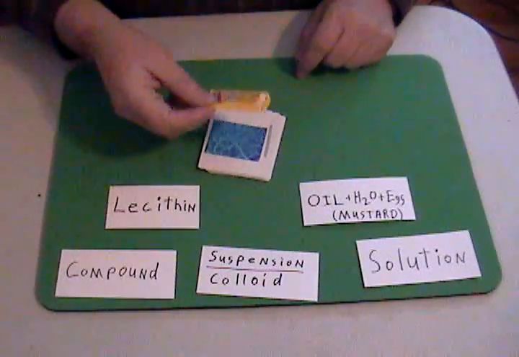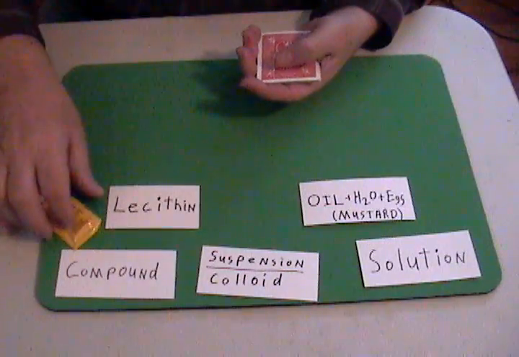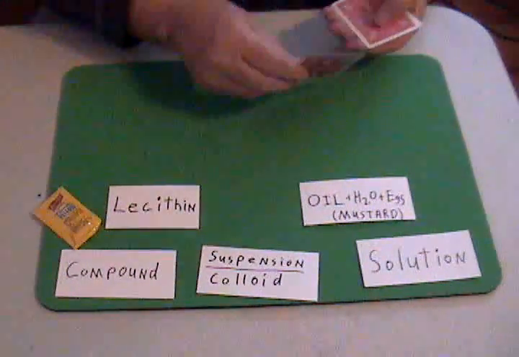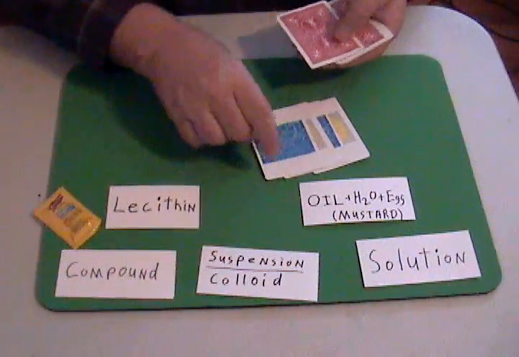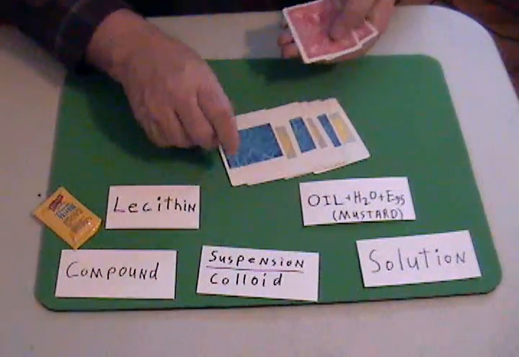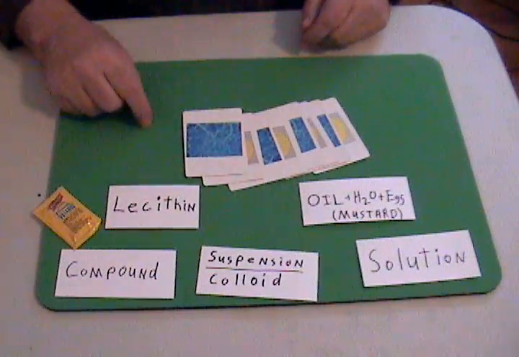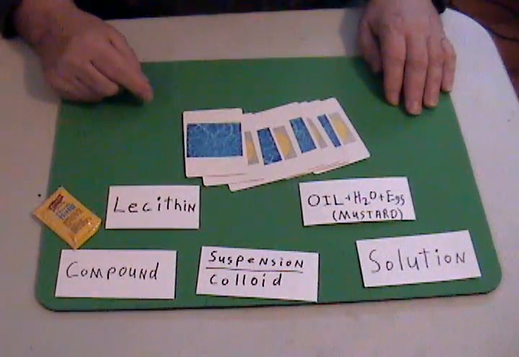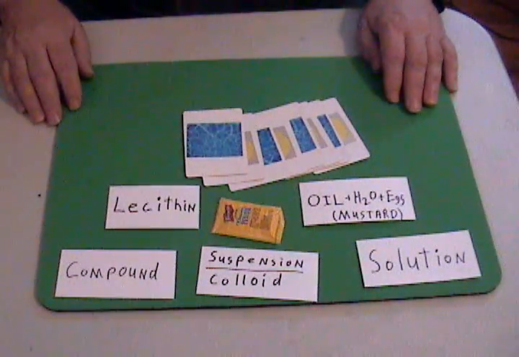So if I use that emulsifier, then it will let the mixture stay oil and water, keeping my suspension, my colloid, together. And that's what I wanted to talk about with mixtures and compounds.